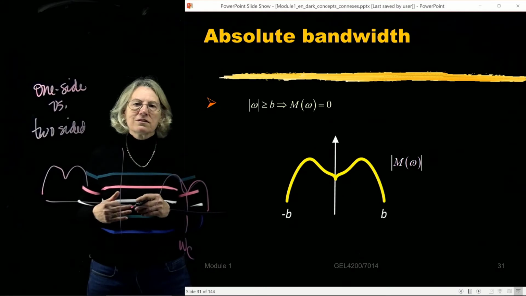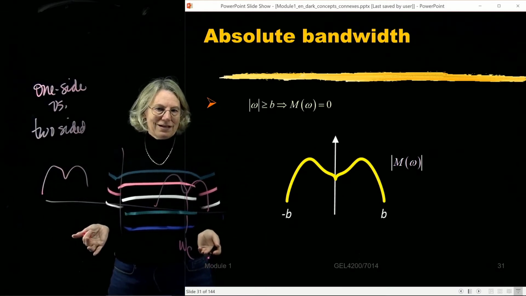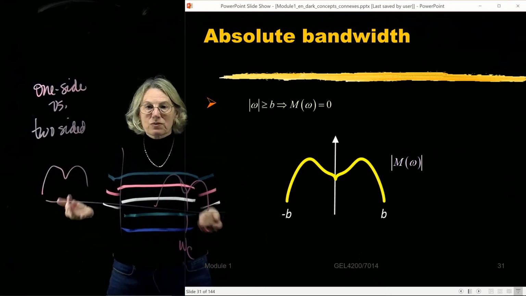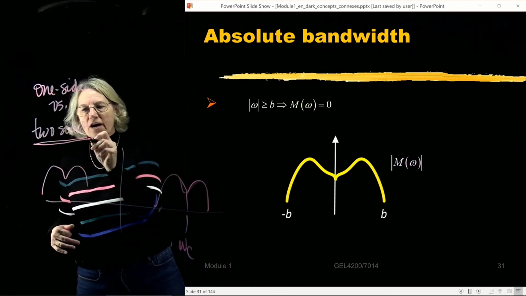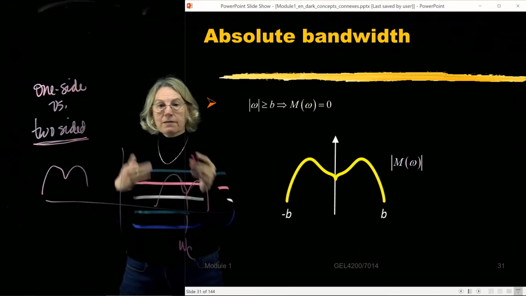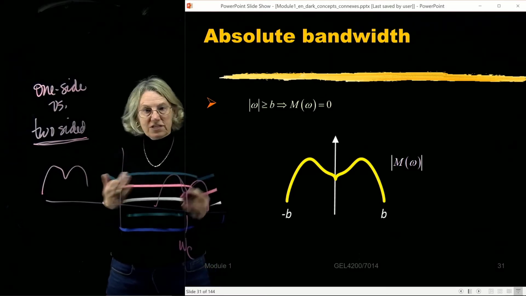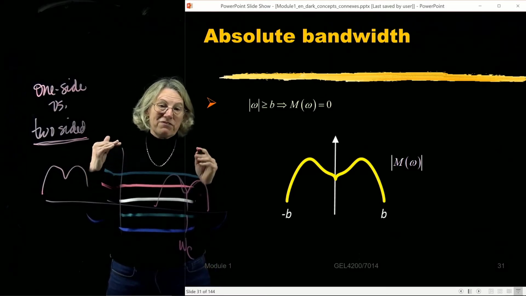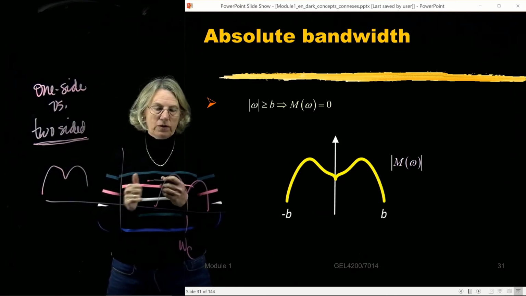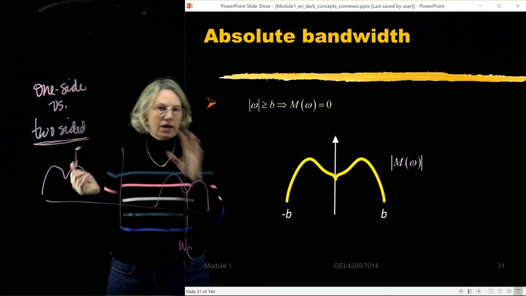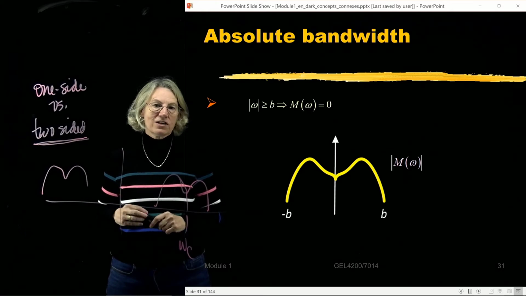Because passband systems with carriers are very common, we typically tend to talk about two-sided. But sometimes it gets ambiguous, sometimes it's important to understand the difference, and then we'll be very clear and specify: this is the two-sided bandwidth, or this is the one-sided bandwidth. So be careful which definition you see.